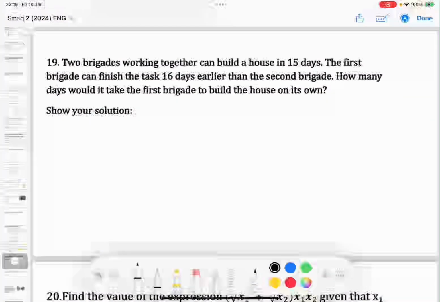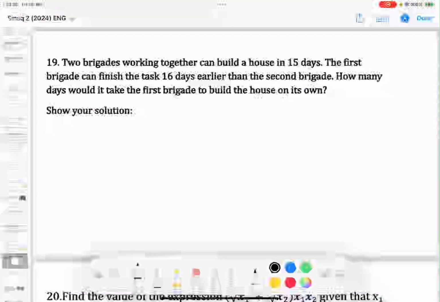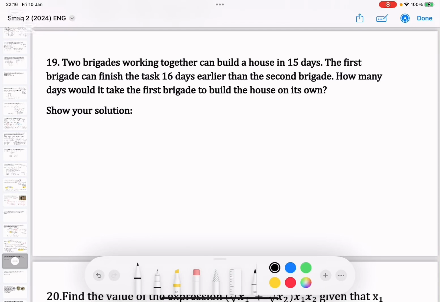Question number 19. Two brigades working together can build a house in 15 days. The first brigade can finish the task 16 days earlier than the second brigade. How many days would it take the first brigade to build a house on its own? Well, we have two brigades that can complete a task of building a house in 15 days working together.